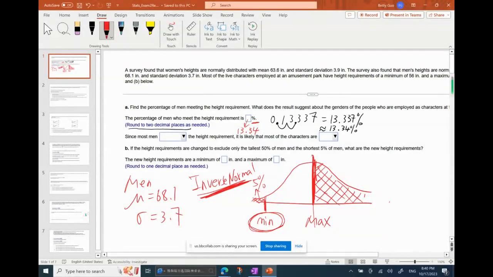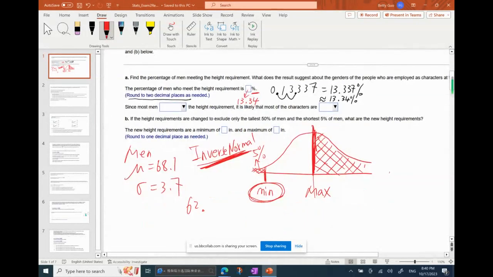404. Okay, let me write it down. The minimum is 62.01404158. Okay, now we need to figure out the rounding. Okay, minimum. So we're going to exclude the 5%. We keep 1 decimal place.